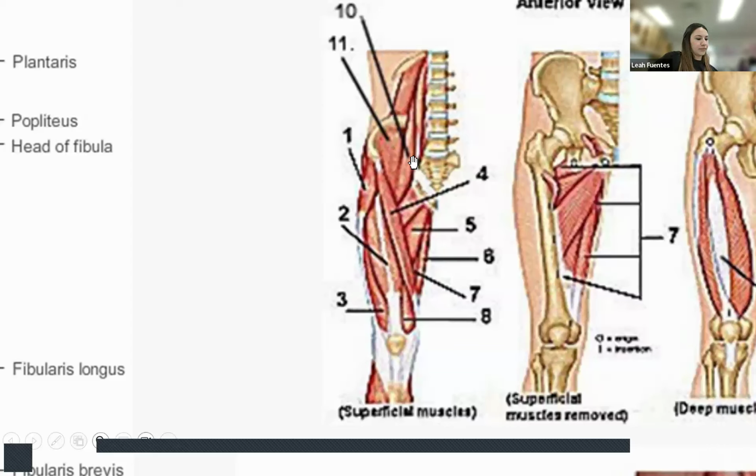Number 11 right here is going to be our iliacus, and 10 is going to be our psoas major. Together, what do 10 and 11 create? Iliopsoas, yeah. Our iliacus and our psoas major create our iliopsoas.